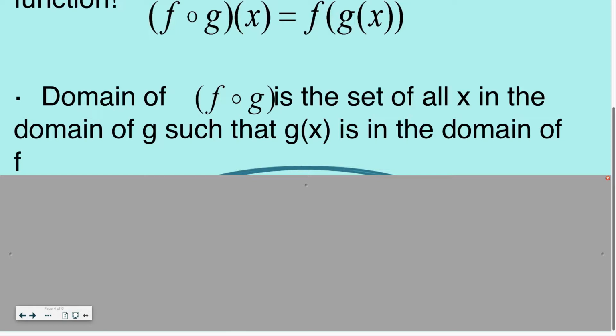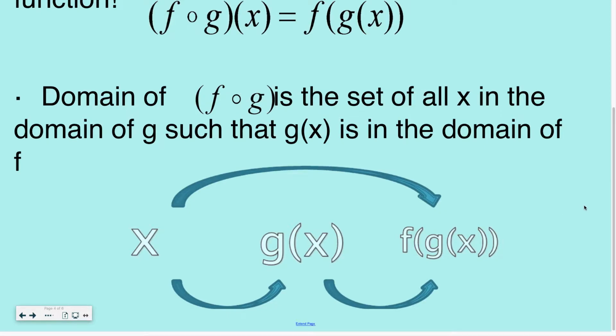So just write it down so that I don't have to try to explain it while you're writing. Okay. And you don't have to draw this picture. We're just going to kind of talk about it.